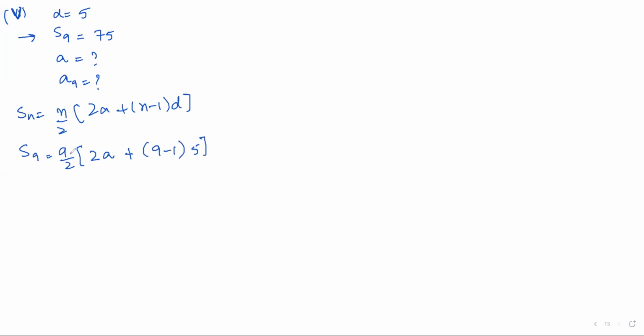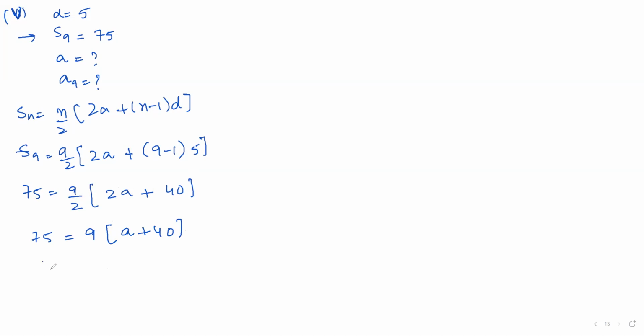So this can be solved for a, and S9 is also given, that is 75 is equal to 9 by 2, 2a plus 8 into 5, which is 40, right? So you can take 2 common, so 75 is equal to 9 and 2 common, so this denominator 2 will go away, so this will be a plus 40, right?